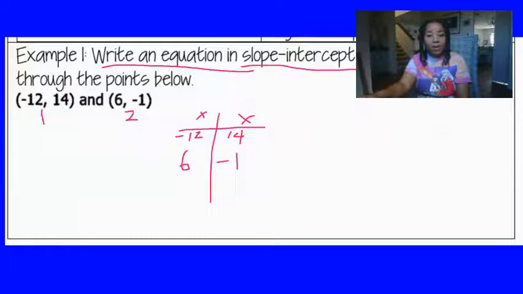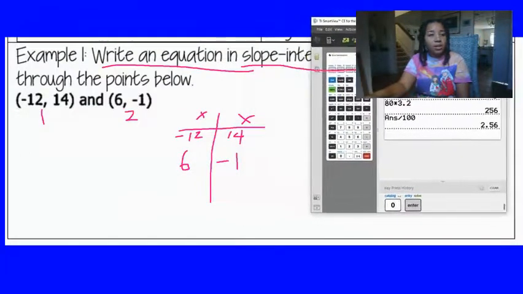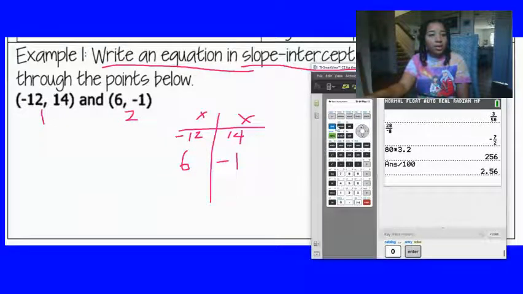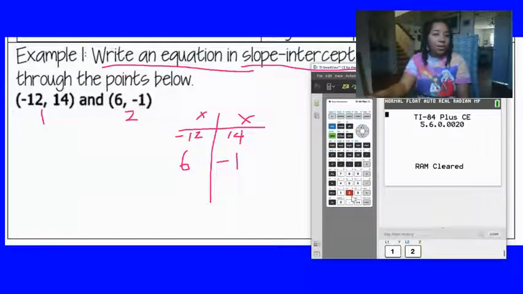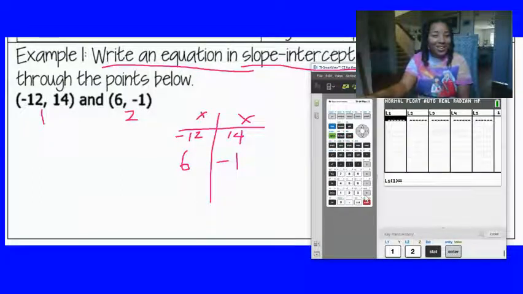And then you're going to put that in stat edit. So I'm going to grab my calculator. I'm going to clear it out just because it makes me feel better. Second plus 7, 1, 2. I'm going to press stat, press enter, press enter again.